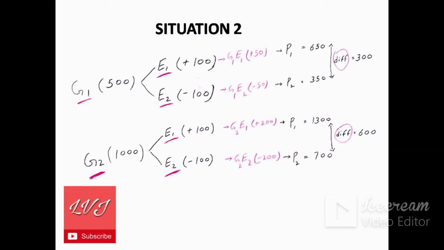So here there is a difference. So we can say that there is genotype environment interaction. Genotype environment interaction is playing its role in this condition. So this way we can see whether genotype environment interaction is acting on the population or not.